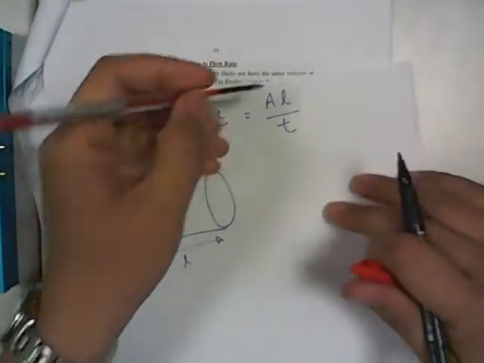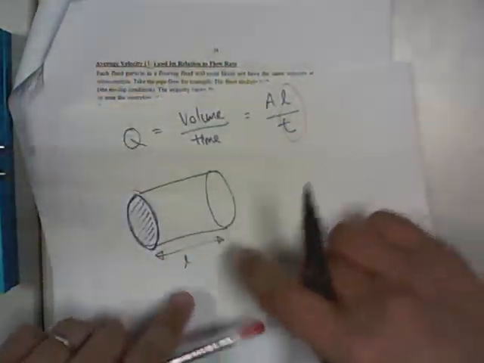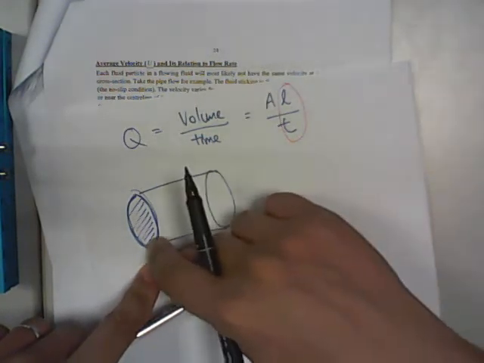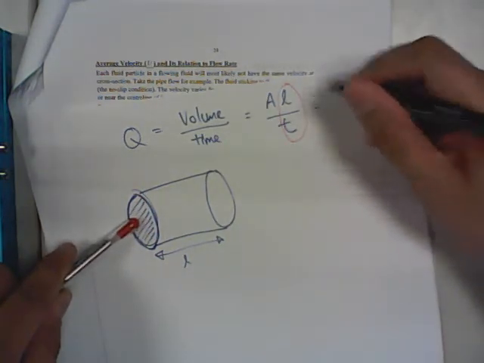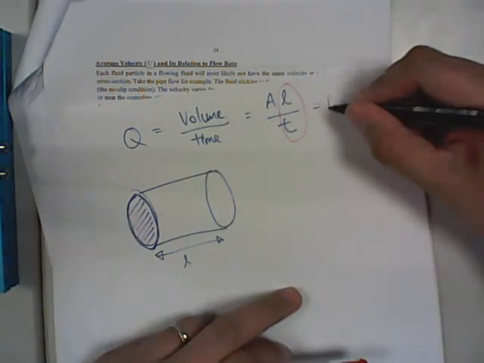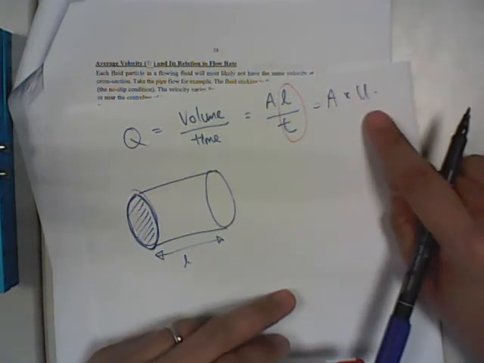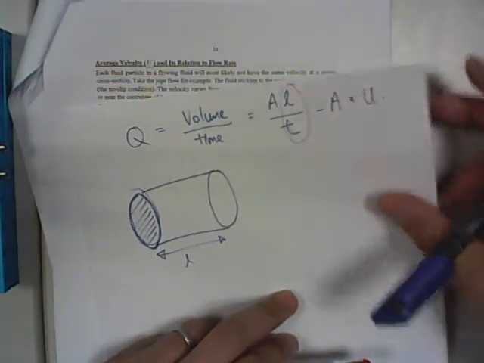I also raised to your awareness that this length over time is actually the velocity at which the flow is coming out from the opening. So L over T is the velocity, and you get cross-sectional area multiplied by velocity. So Q equals U times A.